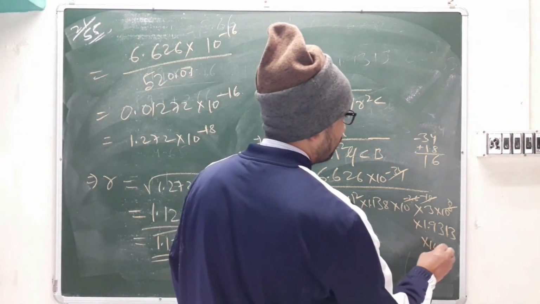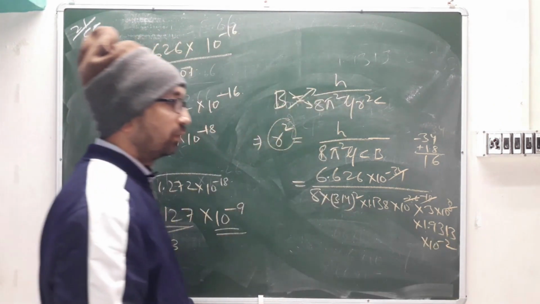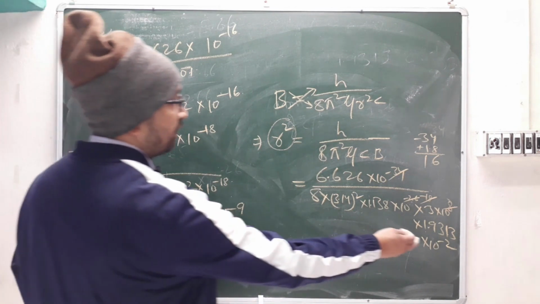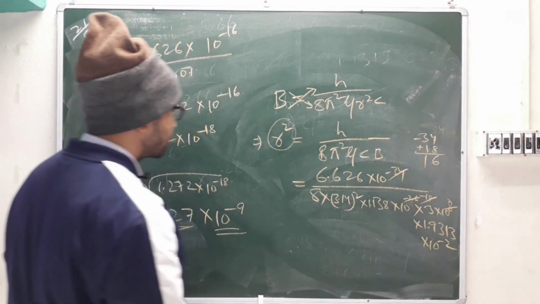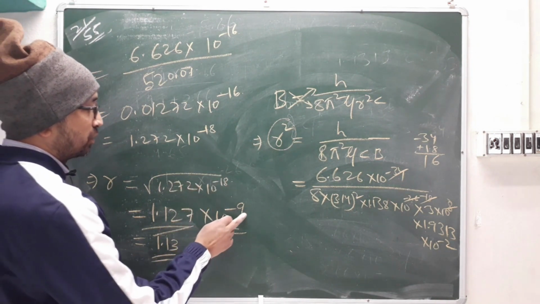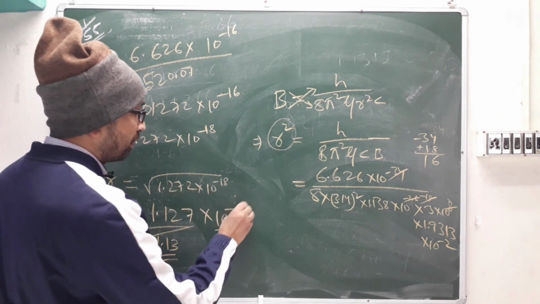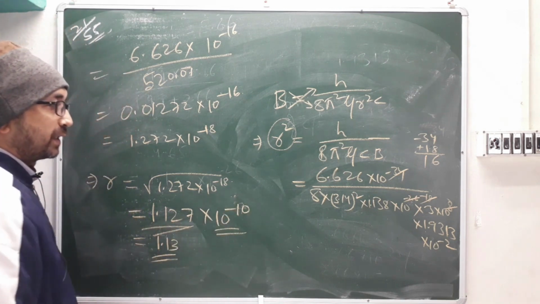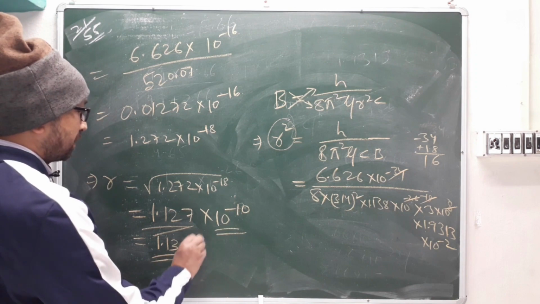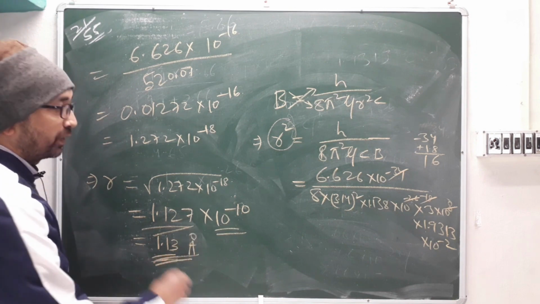So 10 to the power minus 2 we had to put here. So maybe this value we have missed, 10 to the power minus 2. If under the root you are putting 10 to the power minus 1, so we can add it up here, right? So 10 to the power 10 we can say. If 10 to the power 10, then it will become in angstrom, correct? So we got the answer.